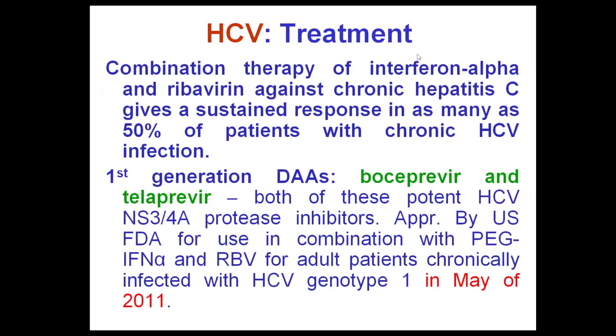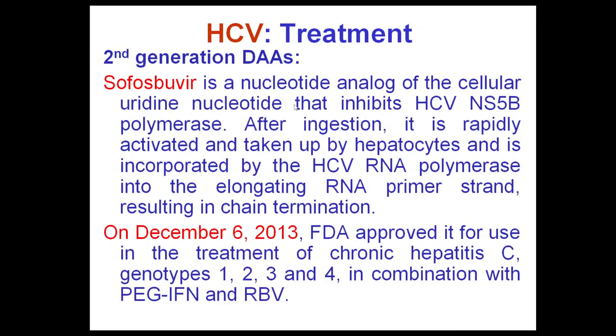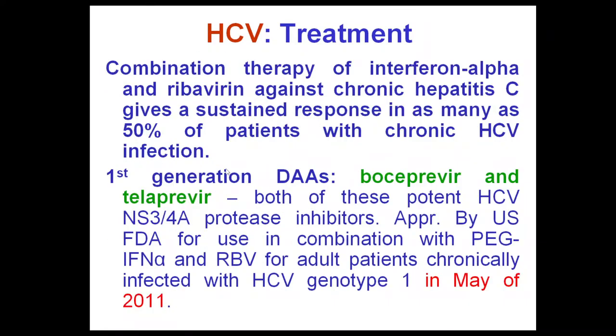But thank God now we have a quite good combination therapy of interferon alpha and ribavirin before, and now, in addition to or instead of ribavirin, we can use first or second generation antiviral drugs produced against hepatitis C virus. These are boceprevir and telaprevir, both of which inhibit the non-structural protease.